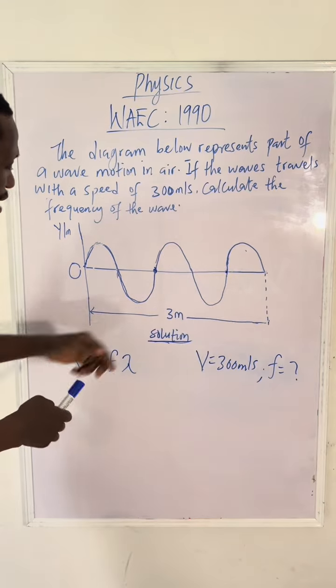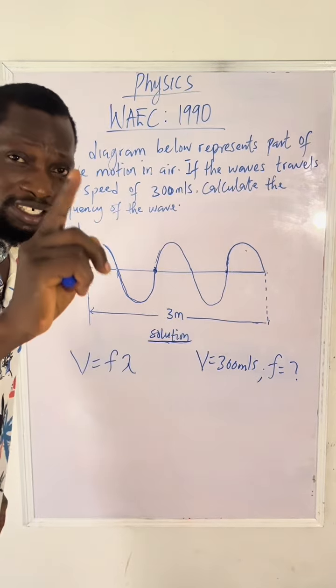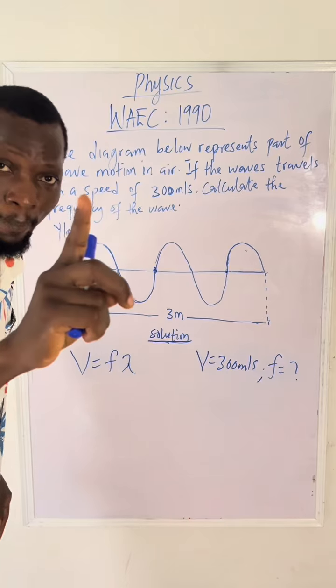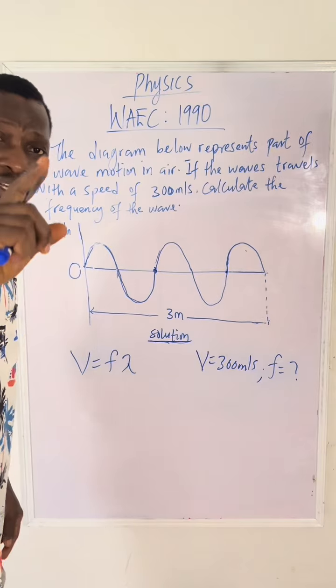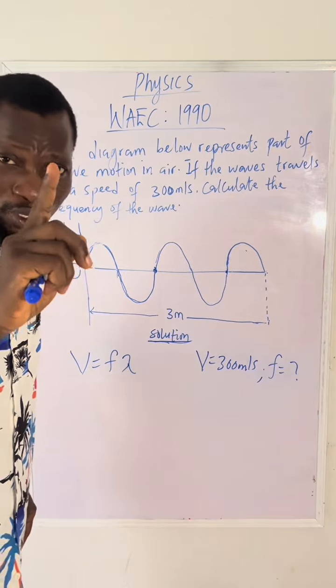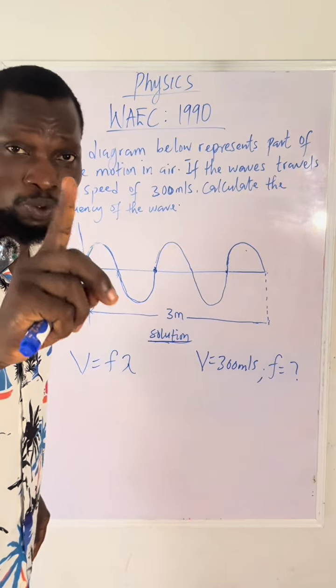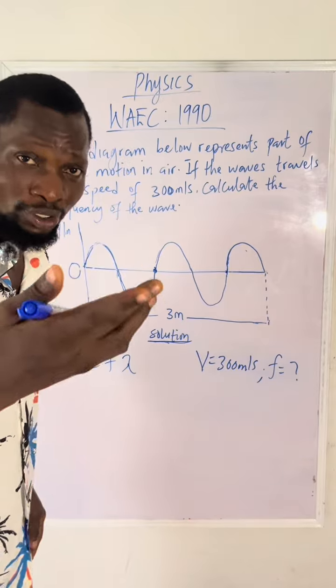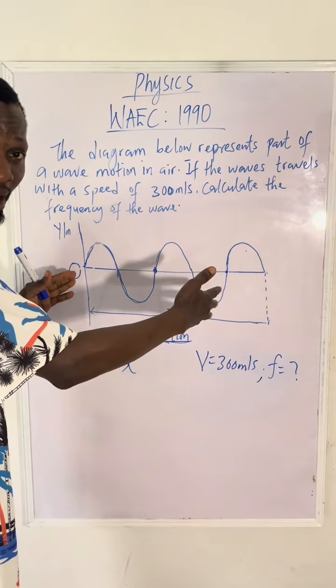If you go to the diagram, you'll see that the distance from here to here is 3 meters. Does that mean the wavelength is 3 meters? No. One thing you need to understand first is, what is wavelength? Wavelength is the distance covered by the wave in one complete cycle, or oscillation, or vibration. So where is one cycle on the wave diagram?